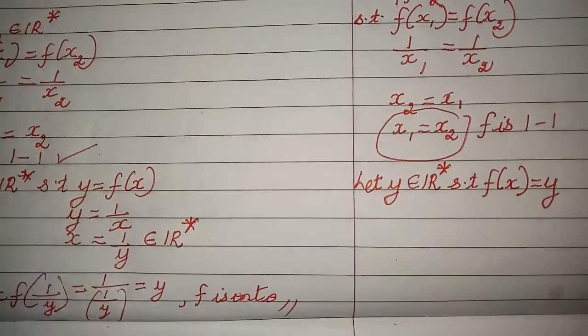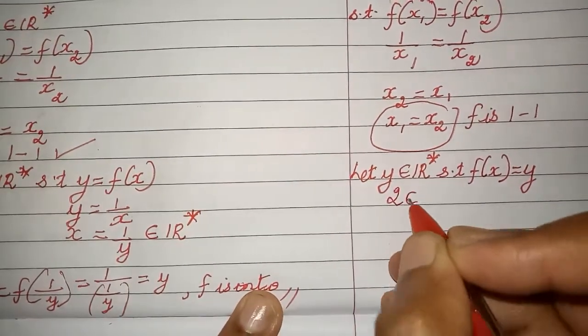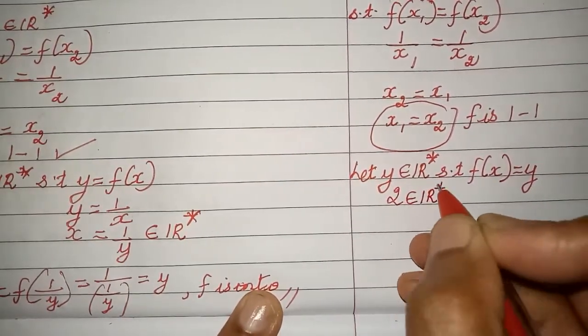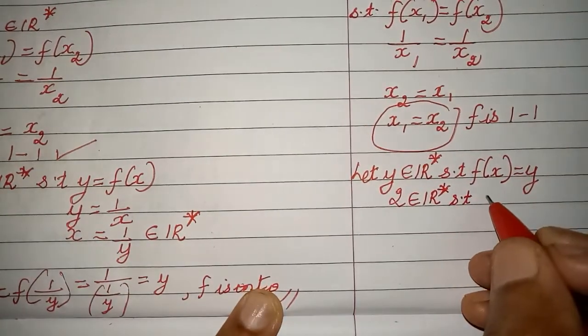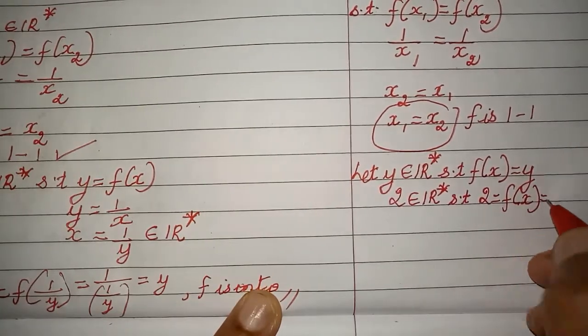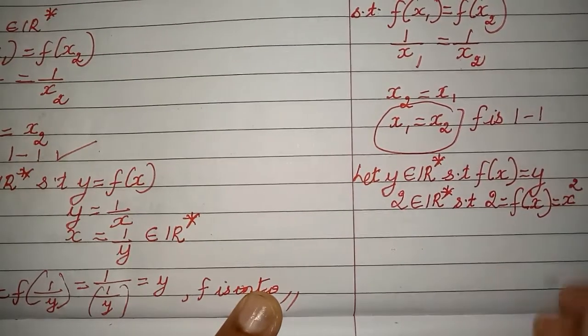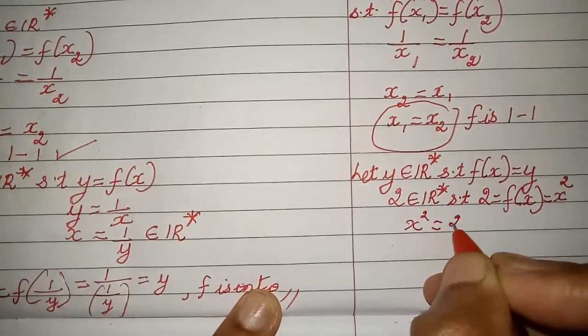Okay, so let me take one element in R star. Suppose children, I am taking the element 2, a non-zero real number, from R star. So according to this definition, 2 will be equal to f of x, but children, your f of x is defined to be x square, right? So now x square will be 2.